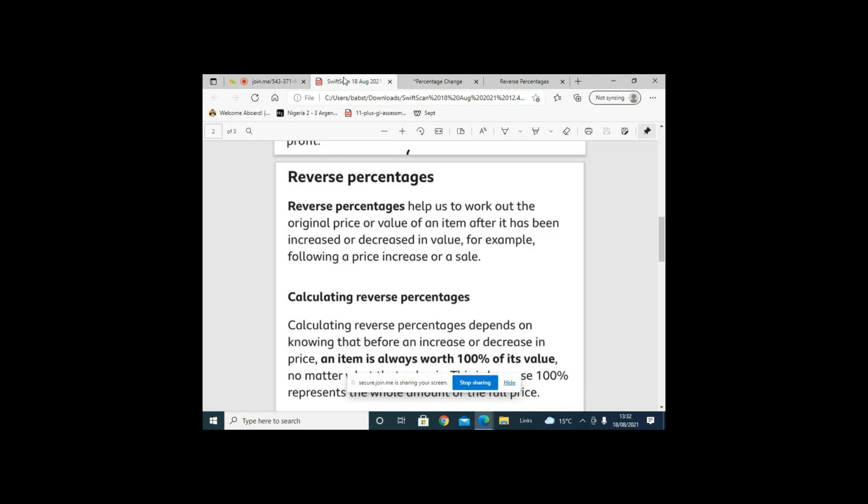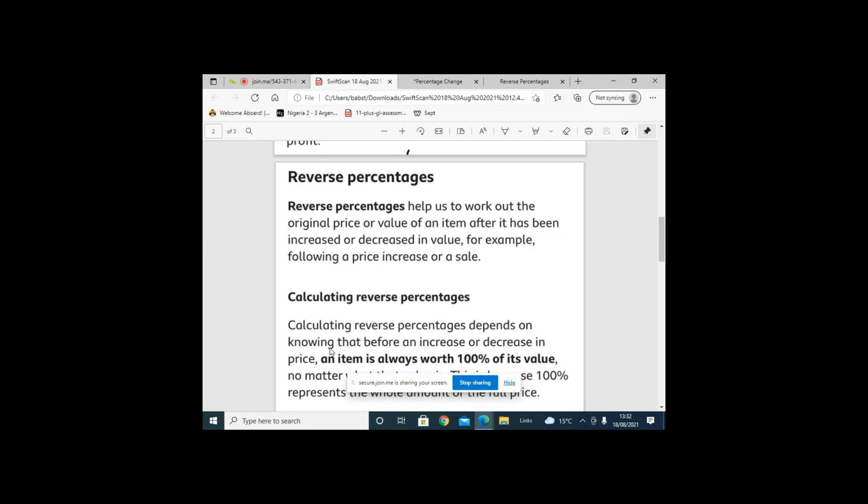For example, if you have been to stores like Primark or M&S, when they are doing sales, they tell you that this price was £20 before, is now £10. Or they can tell you that it is 40% off. So you can figure out how much this cloth was before they decreased the price.